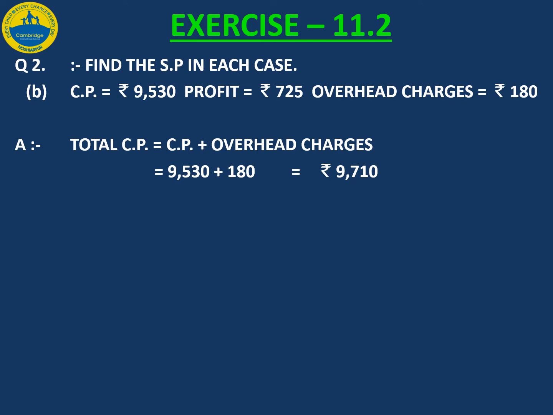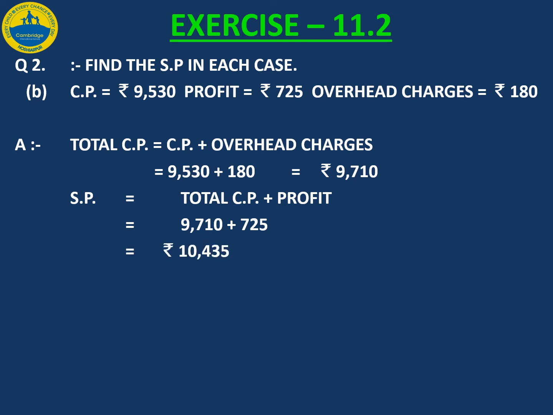So total cost price will be rupees 9,710. And as profit is equal to rupees 725, selling price is equal to total cost price plus profit. 9,710 plus 725. Selling price will be rupees 10,435.